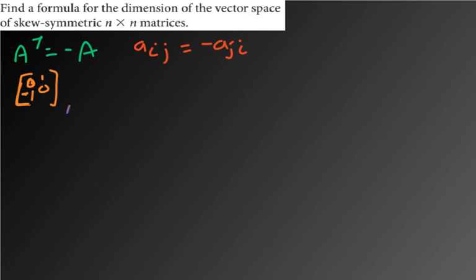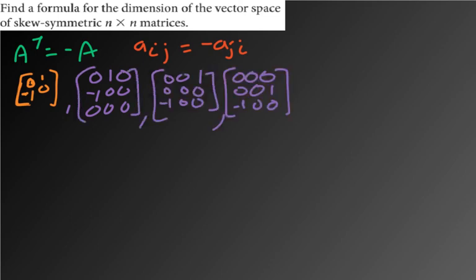So for 3 by 3s, 0, 1, 0, oh wait, no, that should be negative 1, 0, 0, 0, 0, 0. Actually, I'm just going to write the other ones down here. So that's what you would get for 3 by 3s. And you can see that there's sort of a triangle number thing going on.